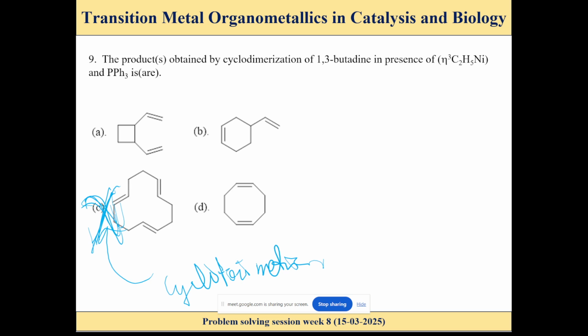So here you can easily eliminate option C. So between B and C we have to check. For that we have to know the reaction of 1,3-butadiene in presence of the eta 3 C2H5 and PPh3 catalyst.